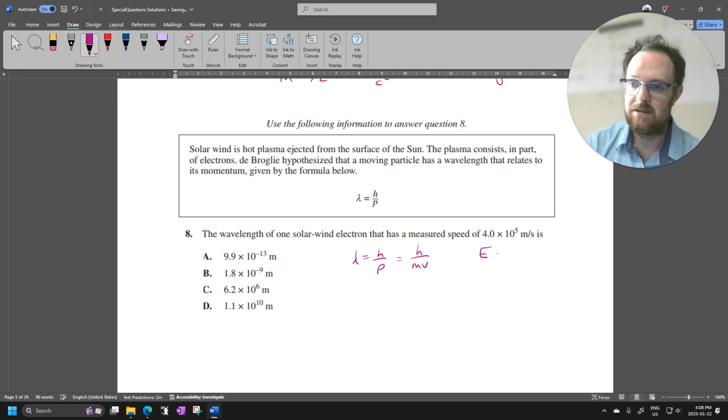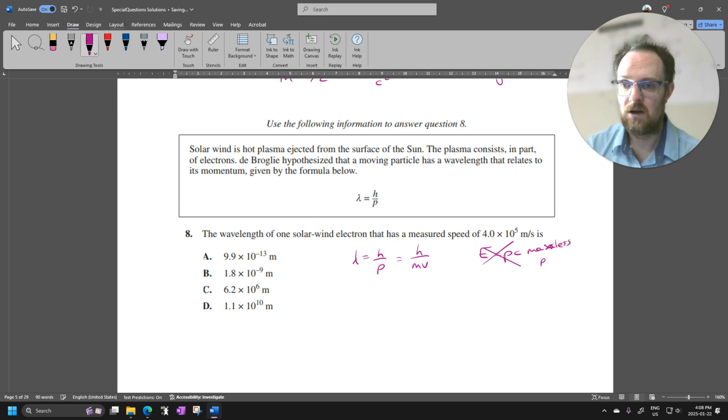That E is equal to pc formula only works for massless particles. Massless particles only. I know I spelled that wrong. Let me just fix that up there.